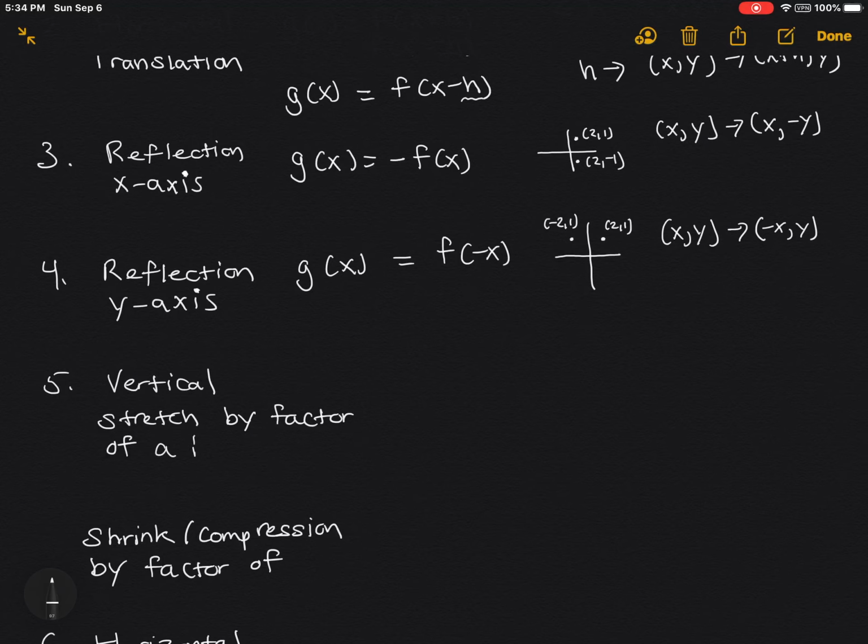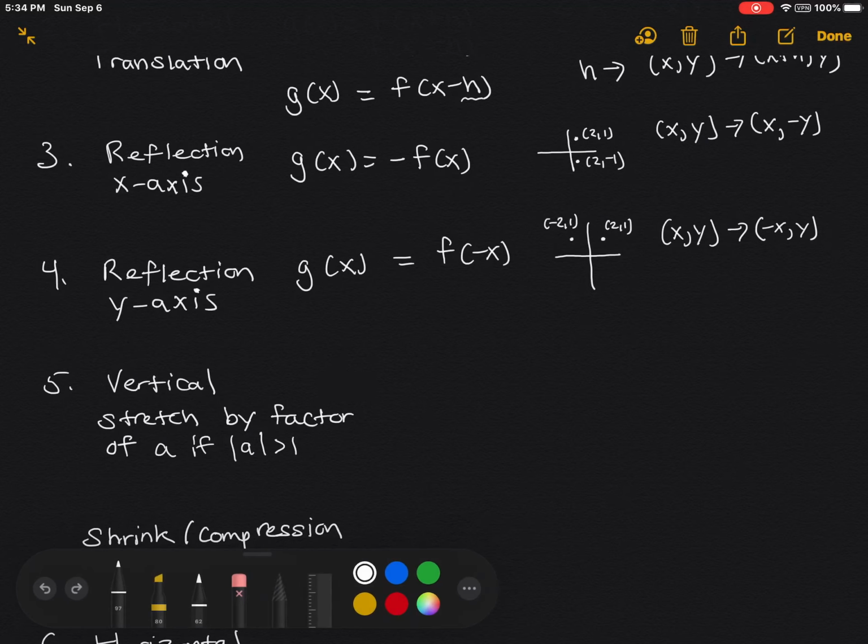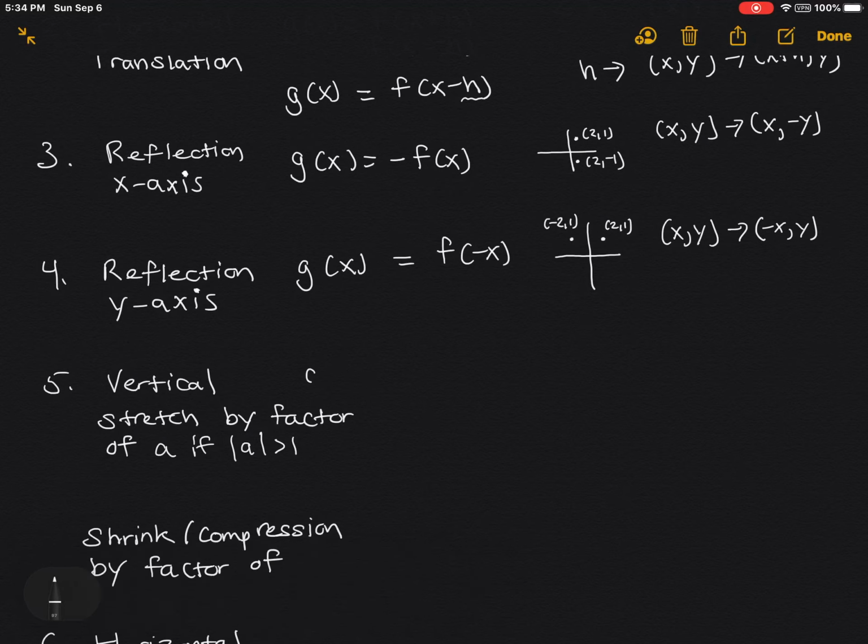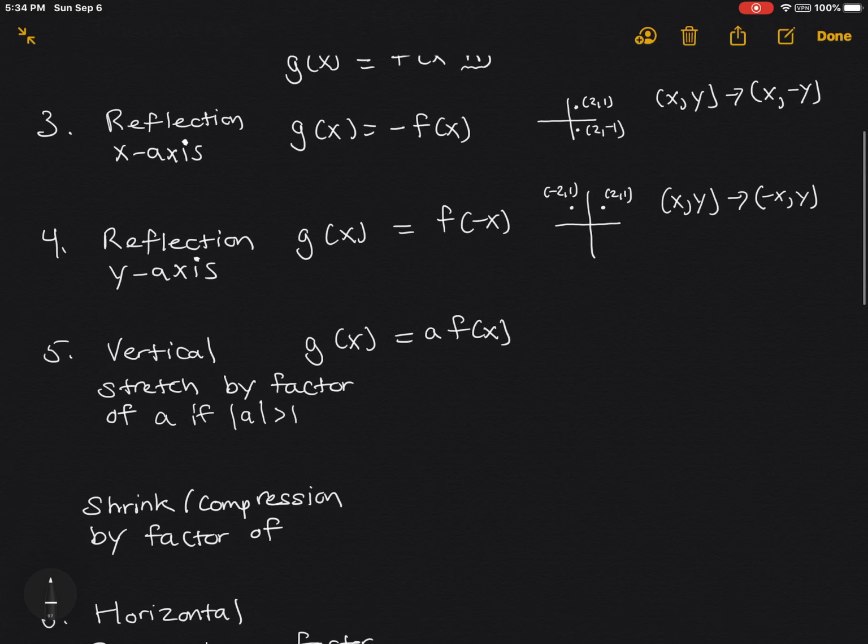It's going to say vertical stretch by a factor of a, if the absolute value of a is greater than 1. And what does it look like? It looks like this: g of x is equal to a f of x.